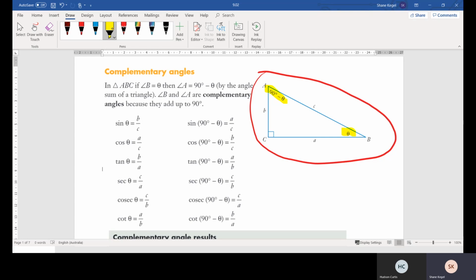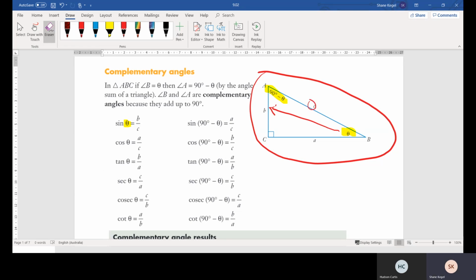So whatever theta is, our opposite angle is going to be 90 minus that theta. So if theta was 30, this angle here would be 90 take 30, or 60 degrees. So looking at our angle theta here, we can see that sine is our O over H, or B over C.